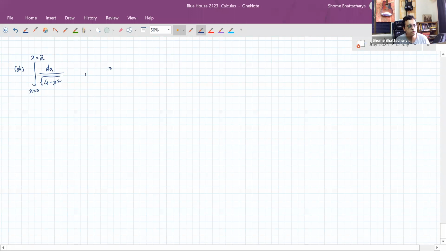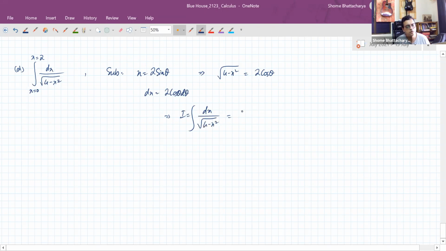We have to substitute x as 2 sine theta, so that the whole denominator becomes 2 cos theta, and the numerator also becomes 2 cos theta d theta. So the indefinite integration becomes sine inverse x by 2 plus c.